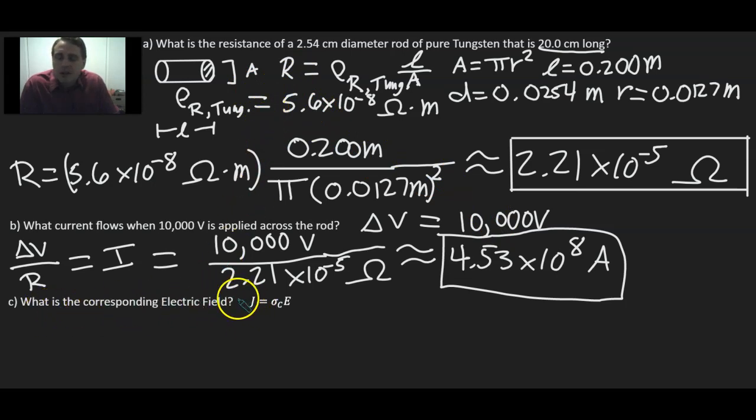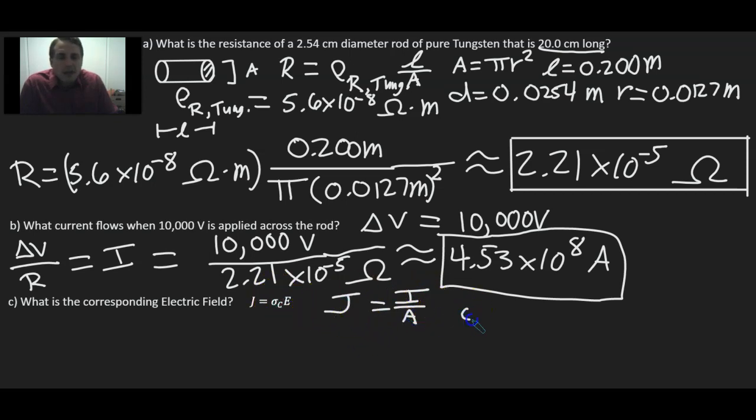What is the corresponding electric field? Now notice I wrote this equation down because this is an equation that I think is often missed and often neglected, but it's useful to know that J, this J, is the current density. So that's going to be units of electric current divided by cross-sectional area.